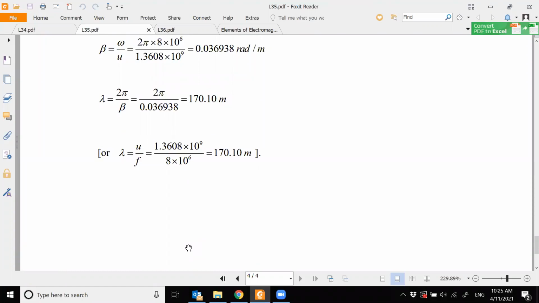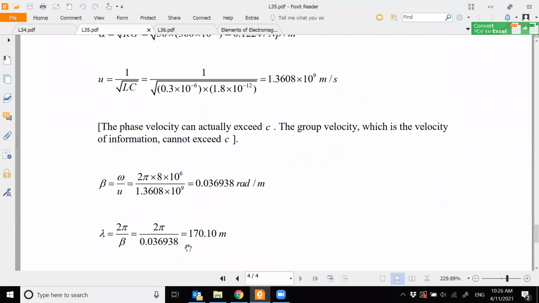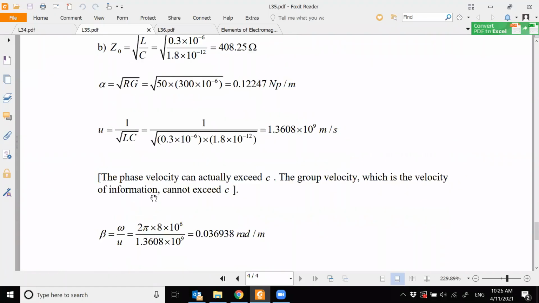So this is an example, and there is one point for you to go and look at. See here, our phase velocity is exceeding the velocity of light, which is coming as a surprise, right? This is greater than 3 times 10 to the power of 8.